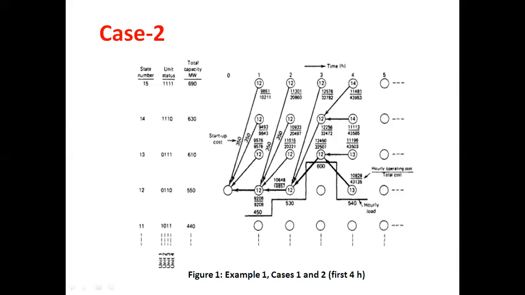So this is the hourly operating cost by total cost. If I remember, the calculation will remain the same. It is 9208 by 9208 for state 12. For state number 14, it will be 9493 by 9843.